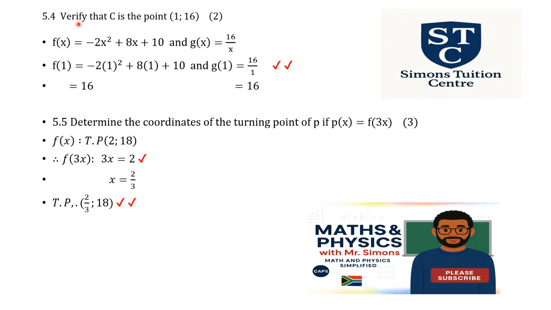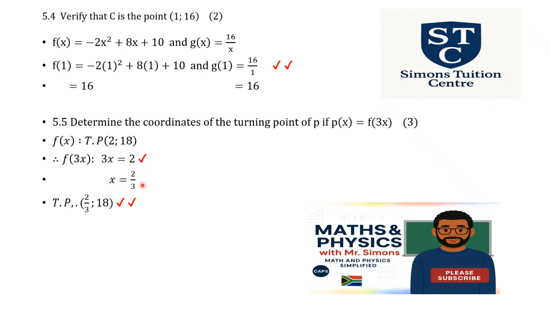So I just said verify. They didn't say determine the coordinates of C. Determine the coordinates of the turning point of p if p of x equals f of 3x. The normal f of x turning point was (2; 18), which we solved in 5.3. Now if I change x to 3x, then where x was 2, that now reads 3x equals 2, so x equals 2 over 3.